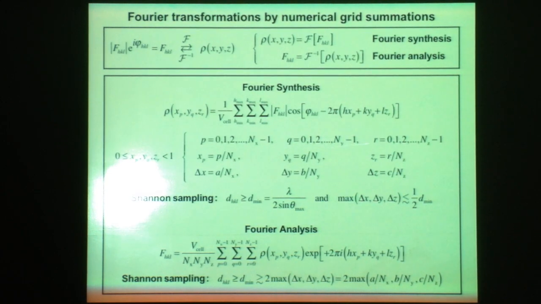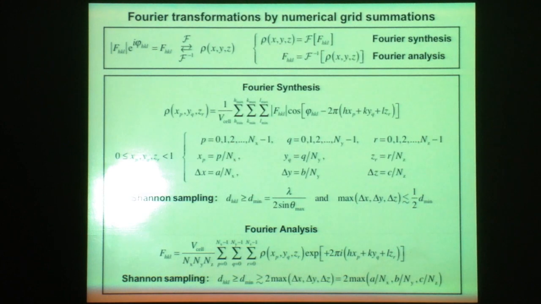The coordinates at any point on the grid are equal to the grid index divided by the number of intervals in that given direction. And the intervals are the unit cell length, A over nx, B over ny, and so on.